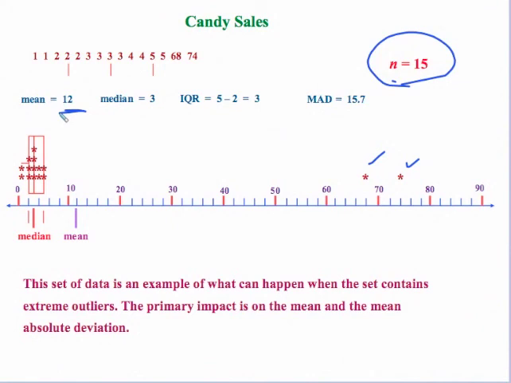So what that's saying is that all of my data points are an average of 15.7 away from the mean, which mathematically is true, but when you look at your data, you say, wait a minute, most of my data points are not that far. But again, it's the distance from the mean, not from the median. So in cases where you have extreme outliers, it really can make a big difference on some of your values, especially again on your mean and your mean absolute deviation.